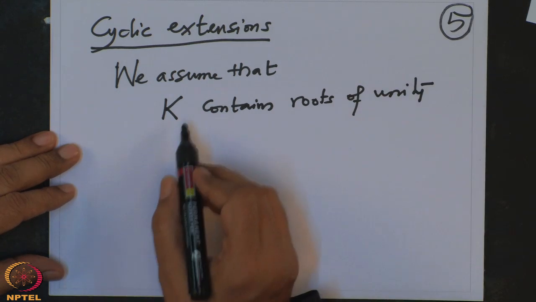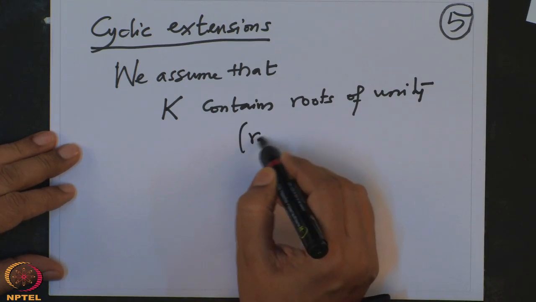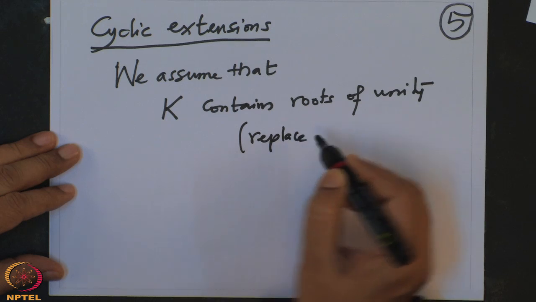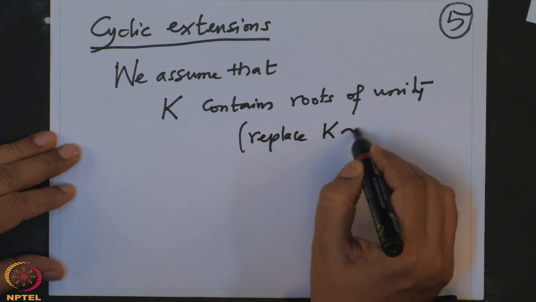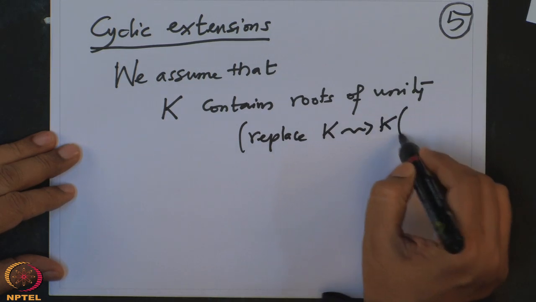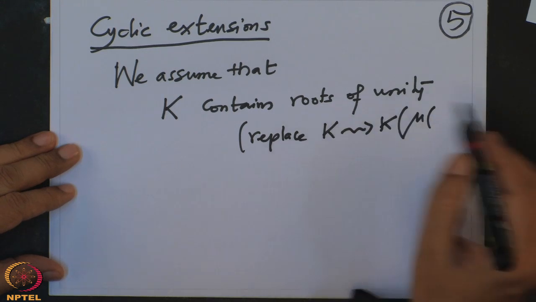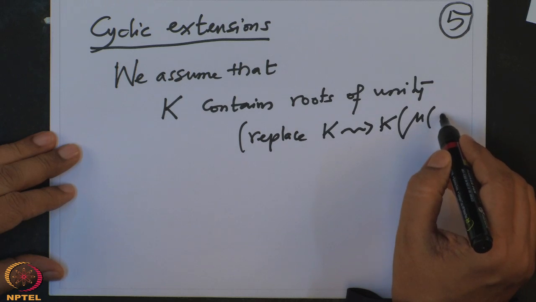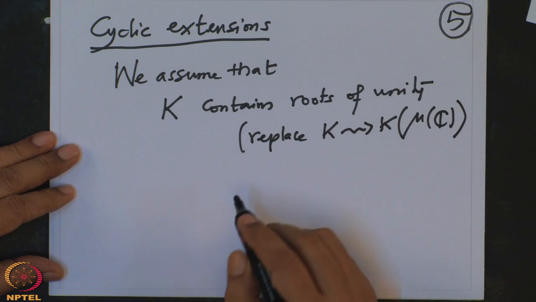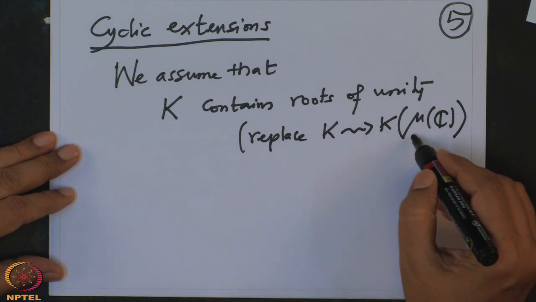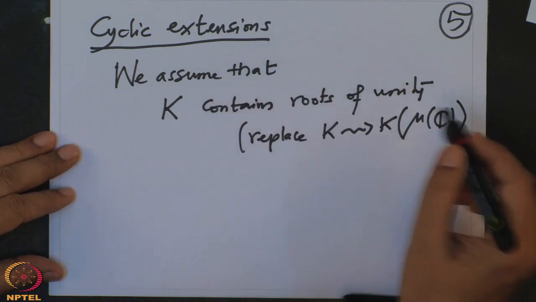If necessary, I will replace K by K with all the roots of unity adjoined. For example, in characteristic 0, you attach roots of unity in C. It's a big group, and you don't need so much.